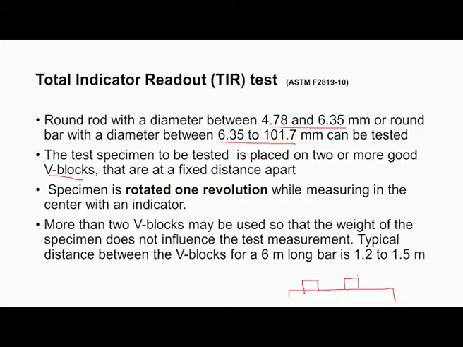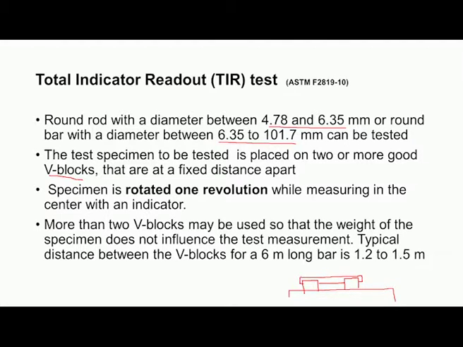If the length is say 2 meter or 3 meter, then we take 3 or more V blocks to support the rod. We have to thoroughly clean the datum surface as well as the V blocks, and the rod should be thoroughly cleaned, and then it is placed on the V blocks.